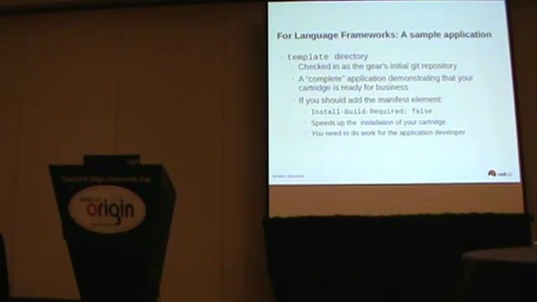install build required. Sorry, it got changed. The idea here is that if your cartridge's sample application is so complicated that you can't have it pre-built and living in the repository, we will do a build for you when we install it. Sounds great, sounds wonderful.